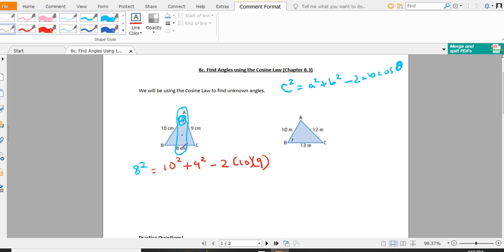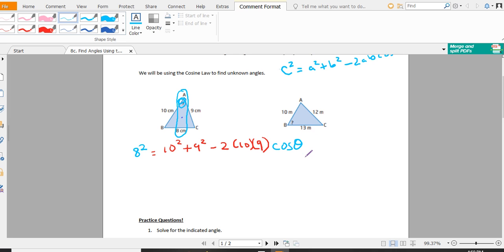Okay, so 8 squared equals 10 squared plus 9 squared, the other two sides, minus 2 times 10 times 9 cos of our angle, which is the angle we don't know.